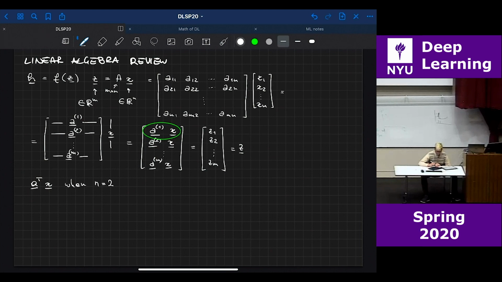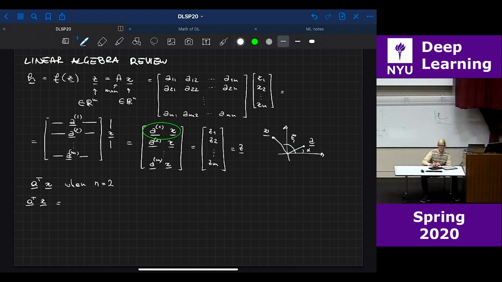So what is A^T X? Let me draw something so that it is easier to understand. This one is going to be my A, this is going to be my alpha, and here this is going to be my X, and this is going to be my xi.